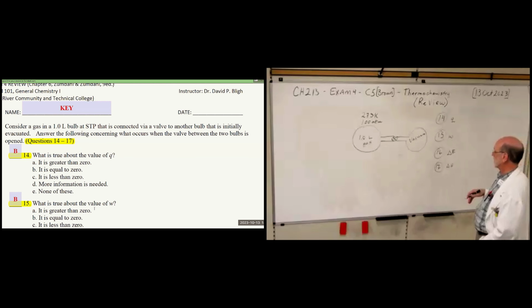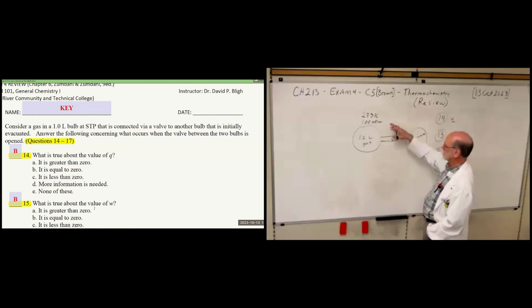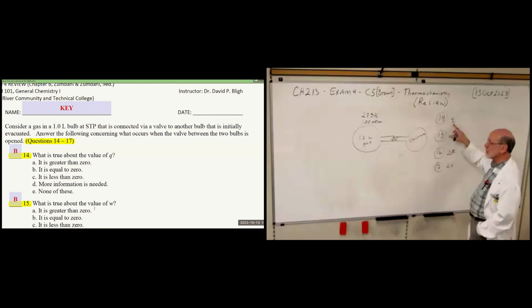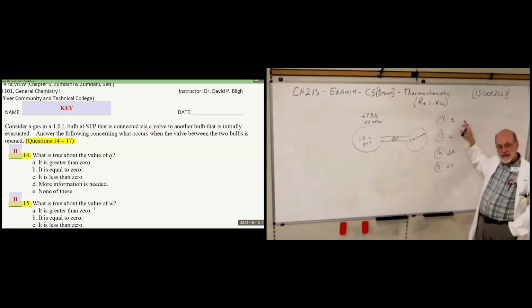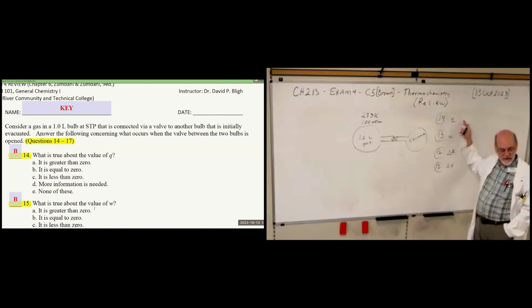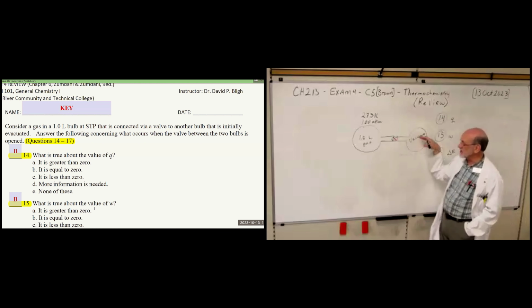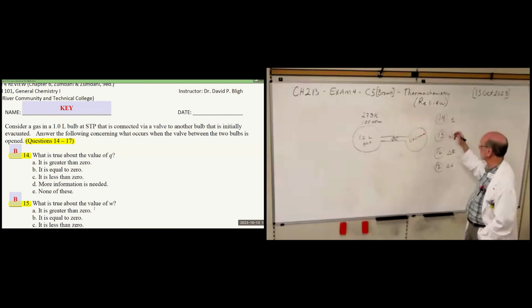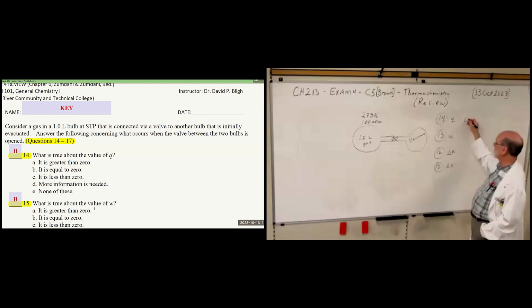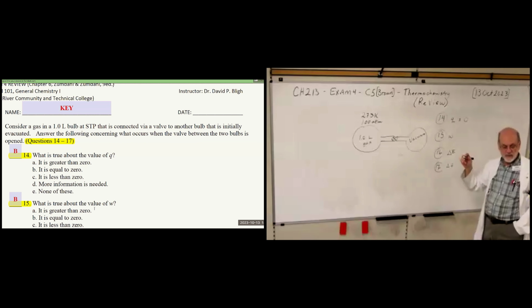Which one comes first? Well, if it's at constant temperature, then there's no change. You don't get heat movement unless there's a difference in temperature. So when that gas expands into here, as long as the temperature is constant, this one's equal to 0. There's no heat movement at all.